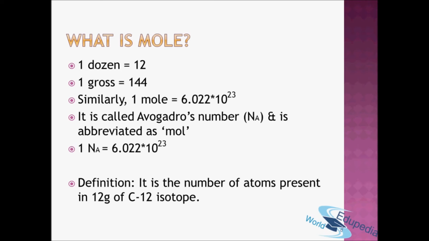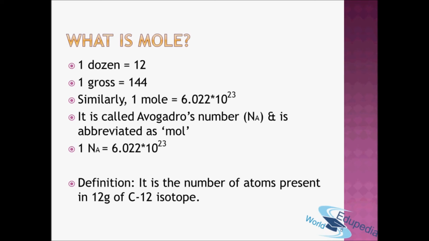Now you stop putting any more atoms and instead you count the number of atoms that you have put on the machine. That number will always come out to be equal to 6.022 multiplied by 10 to the power 23. It means that 12 gram of carbon 12 atoms actually contains 1 mole of carbon 12 atoms.